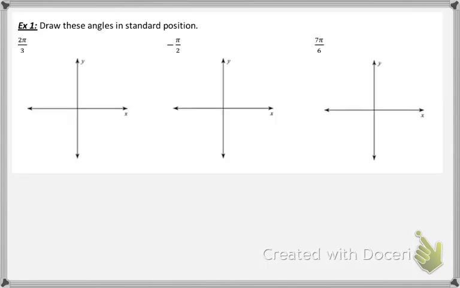Let's look at another example. We want to draw these angles in standard position. So again, I'm going to start by labeling the fact that in standard position, we've got my initial side on the positive x-axis, and then I have my terminal side that's going to spin around. Positive means that it's going to spin counterclockwise, and negative means that it's going to spin clockwise. And I want to go 2 pi over 3 radians, so basically 2/3 of pi. So let's label.